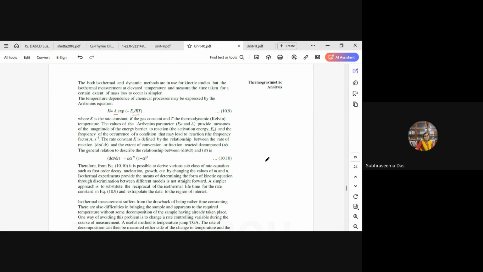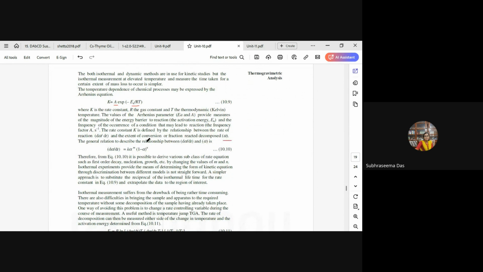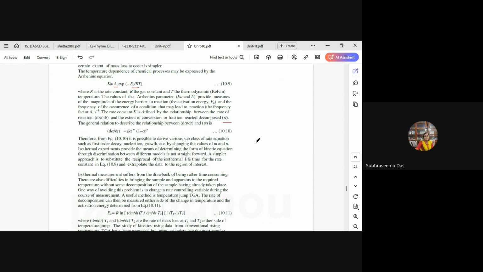The rate constant K is given by d alpha by dt, where the extent of conversion, or fraction reacted or decomposed, is given as alpha. The general relation is d alpha by dt equals K times alpha to the power m times 1 minus alpha to the power n. In equation 10.10, it is derived to various subclasses of rate equations such as first order, nucleation, or growth decay reaction by changing the values of m.